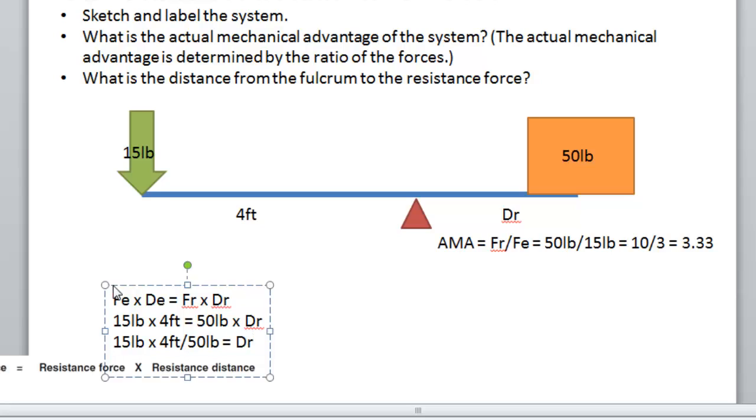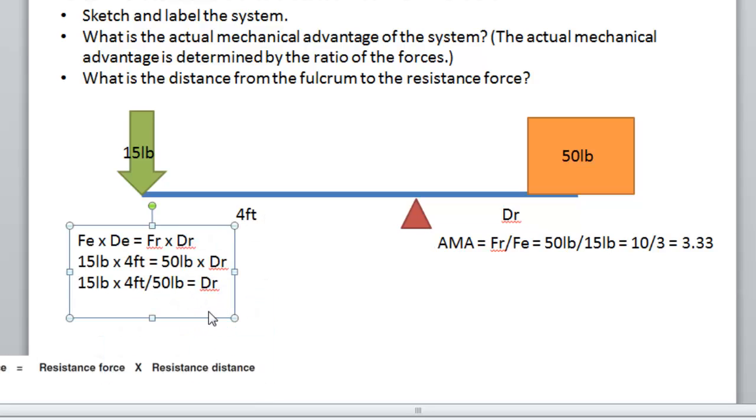Now let me slide this up just a little bit. So now I have 4 times 15, that's going to be 60, and that's pounds times feet, divided by 50 pounds is going to be equal to dr. And then my pounds are going to cancel from the top and the bottom.